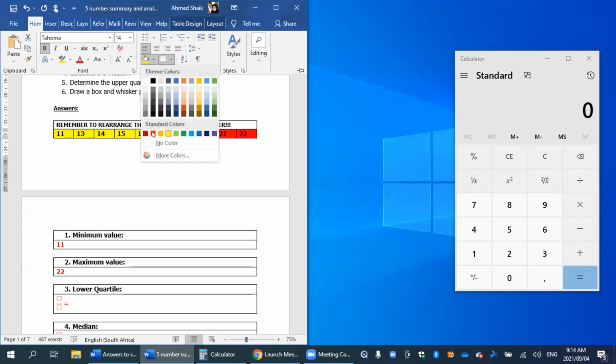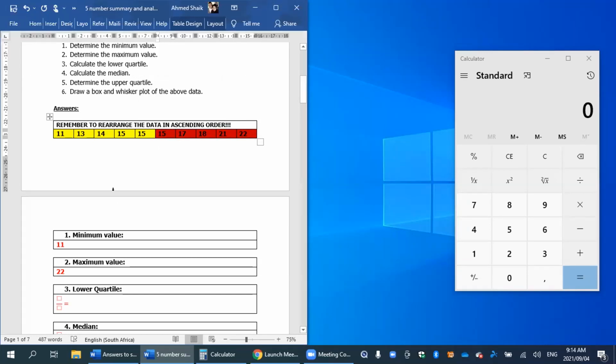Let's highlight that with another color. Okay. So our median is going to lie in between position 5 and position 6. Anyhow, we were asked in number 3 to calculate the lower quartile. So we've got 5 values in our lower half.